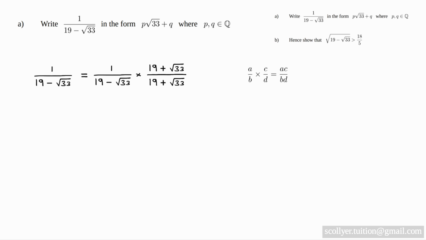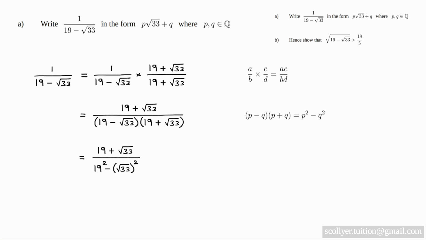Now we multiply the numerators and denominators of the two fractions, and we simplify the denominator according to the difference of two squares identity, which produces 19 plus root 33 over 19 squared minus root 33 squared.